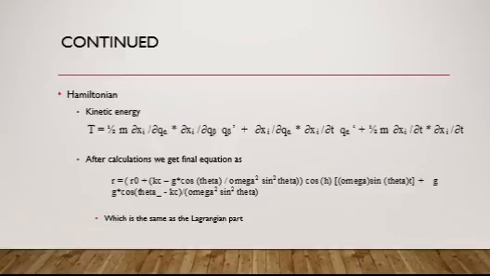After following the standard procedures and assumptions, we derive the Hamiltonian equation as r is equal to r naught plus kc minus g cos theta by omega square sine square theta into cosh omega sine theta t plus g cos theta minus kc by omega square sine square theta, which is the same as the equation we get from the Lagrangian method.